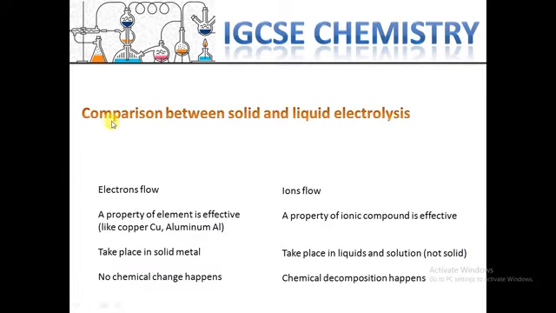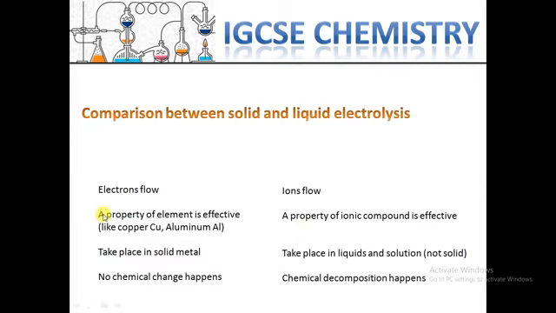Here we can compare more: a comparison between solid conductivity, which we studied last time, and liquid electrolysis, which we study today. Before, we learned that electrons can move through the wire.